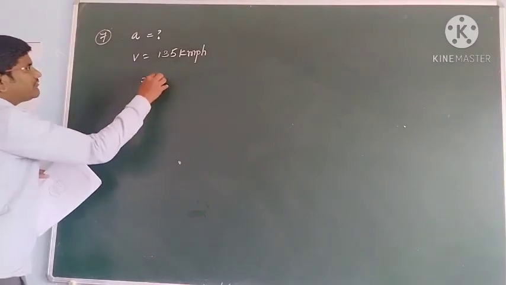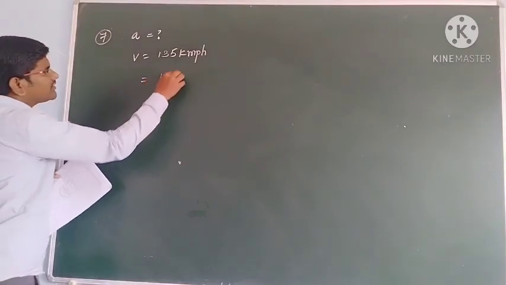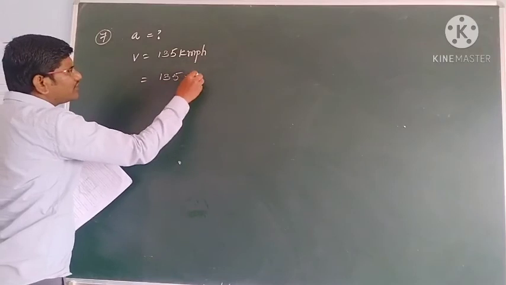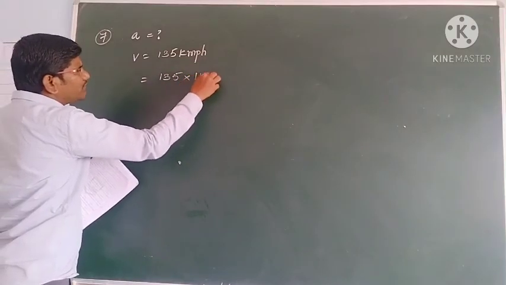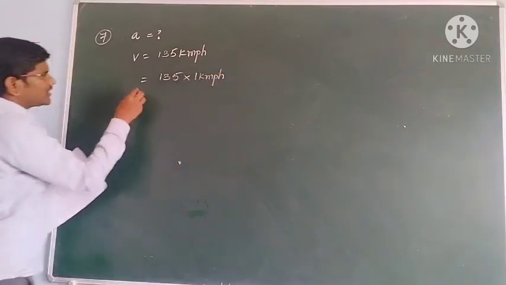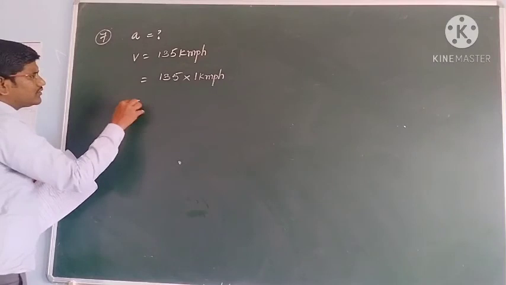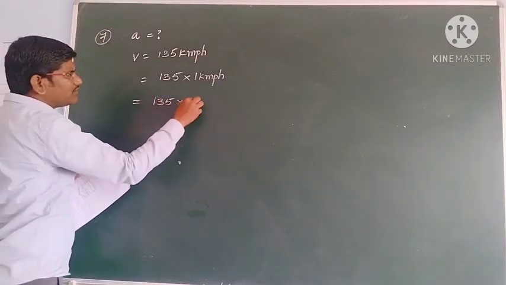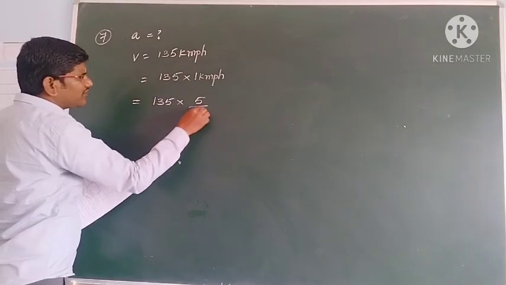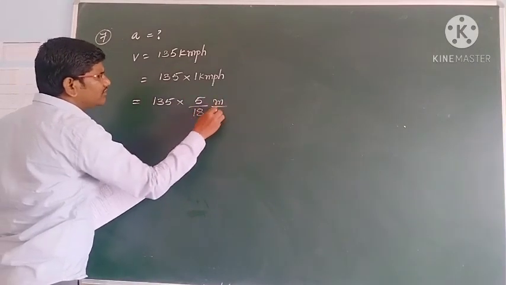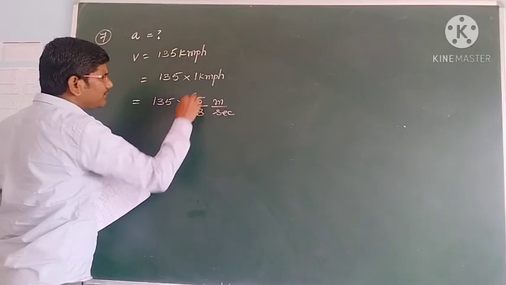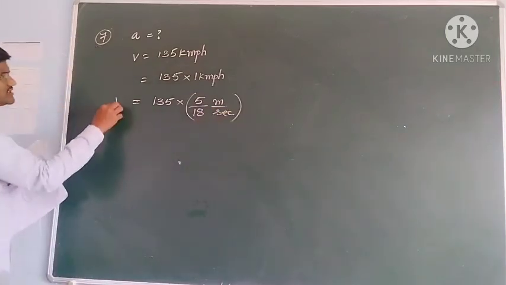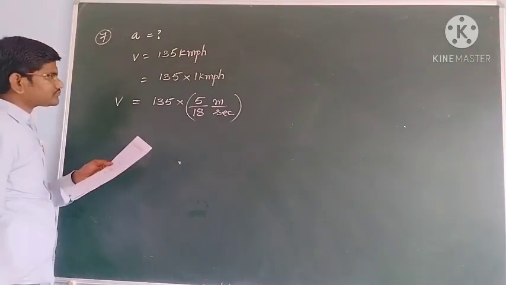So 135 kmph they have given. So 135 into 1 kmph, you will write that as 5 by 18 meters per second. So that is v you will get.